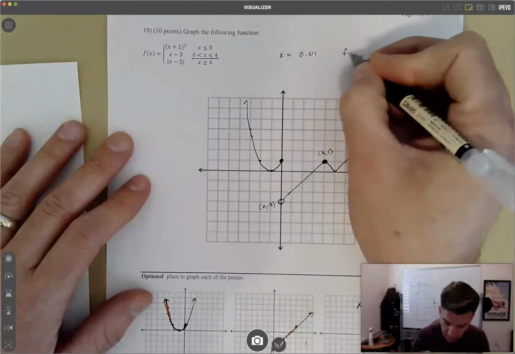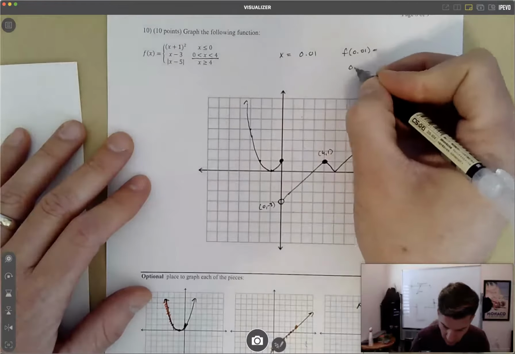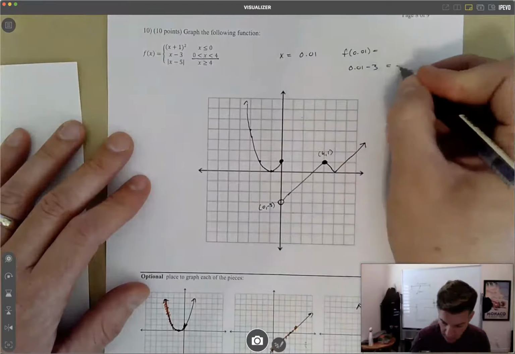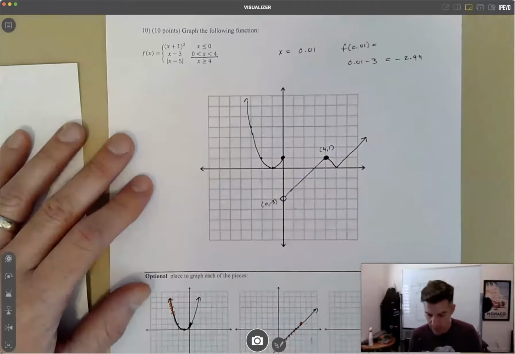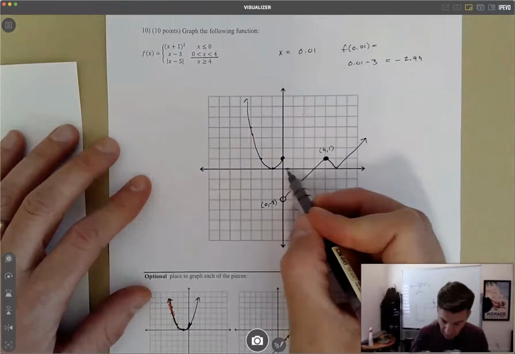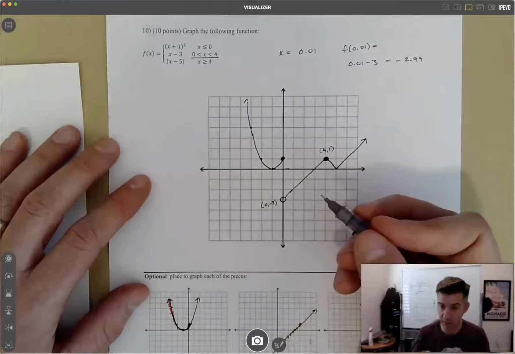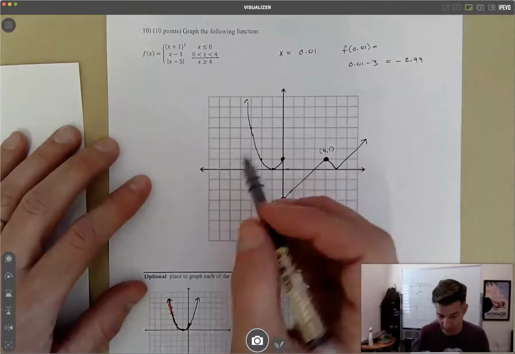The function value would be 0.01 minus 3, which is -2.99. So when the x values get very, very close to 0, the y values are getting very, very close to -3. We don't actually get the value of -3 because we can't plug in 0 here.